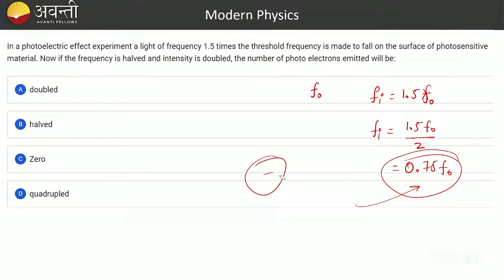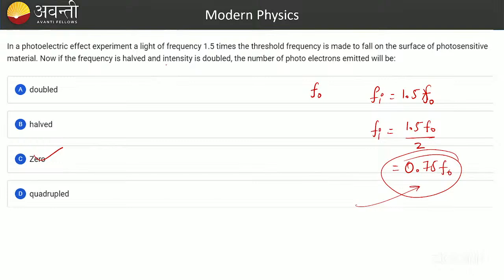So here, since the threshold frequency is greater than the incident frequency, no electron will be coming out. So zero electrons will come out because it is not crossing the threshold. So no electron will pass, whatever the intensity is.